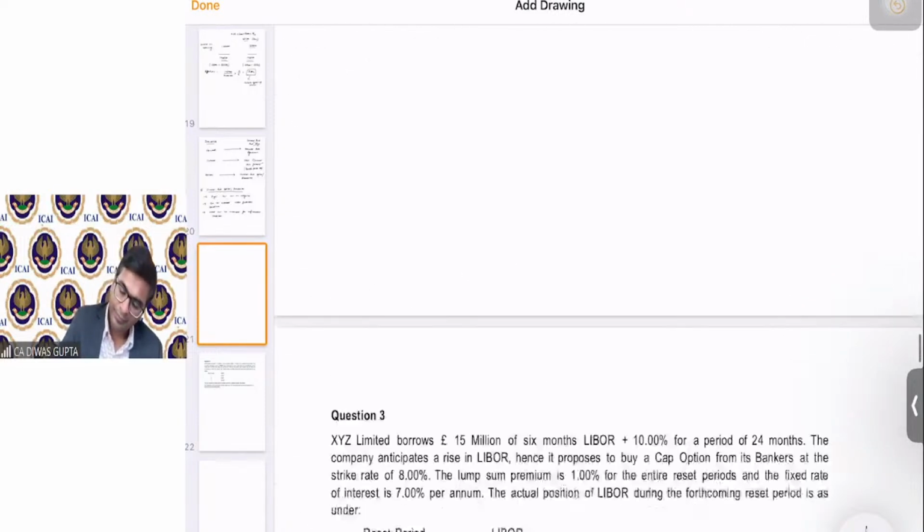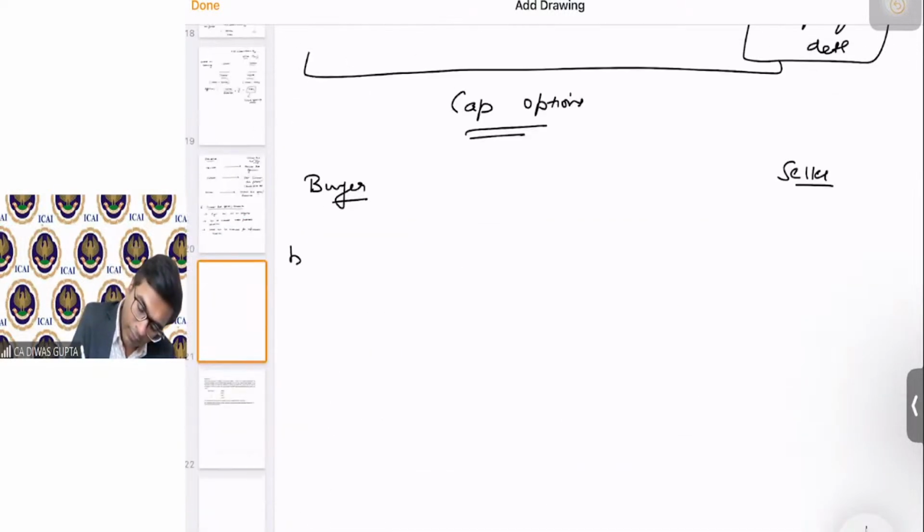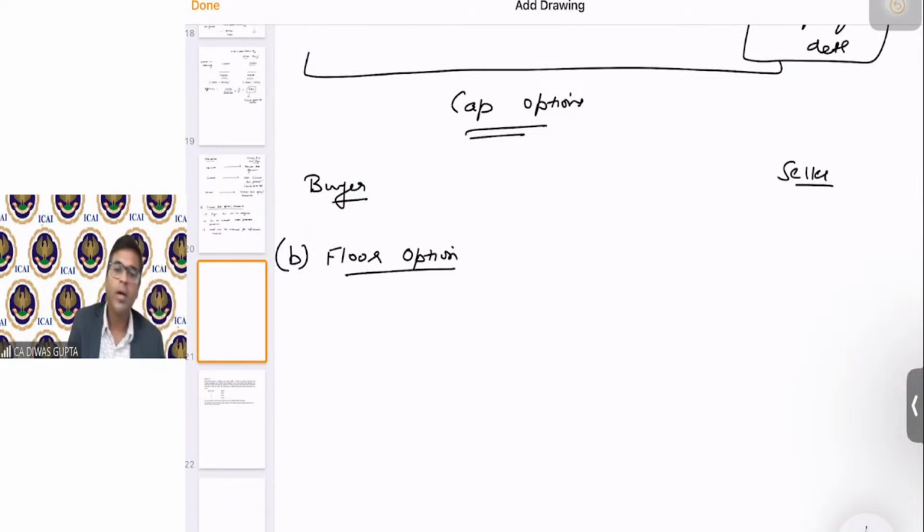B, we call it a floor option, which guarantees you a minimum floor return. That is called a floor option. Okay, now we will understand this.